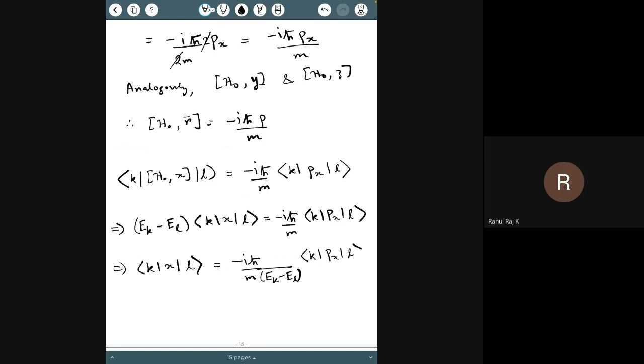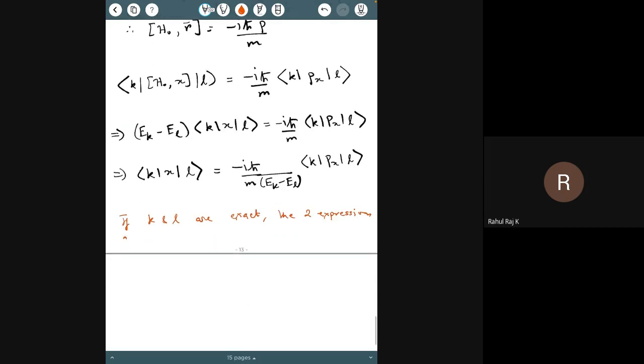So you can have two alternative forms. Now when you have two alternative forms, for the exact wave functions, if K and L are exact, the two expressions are equivalent.